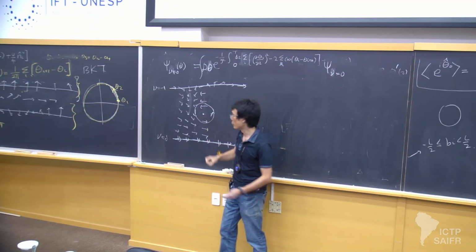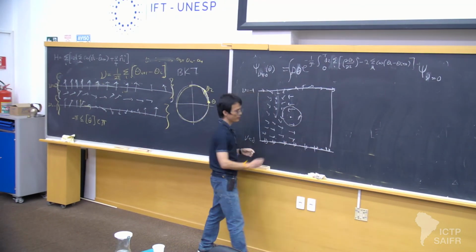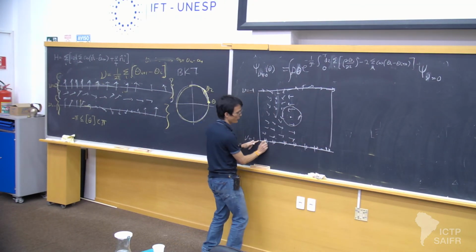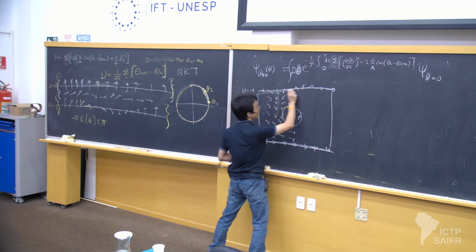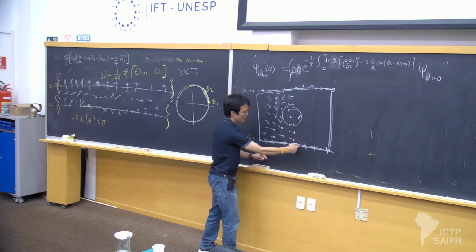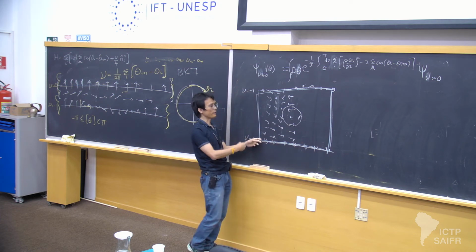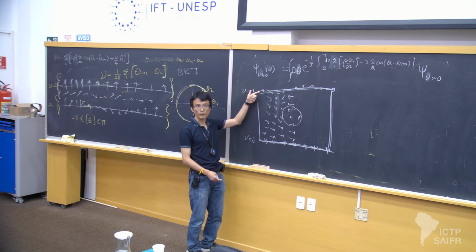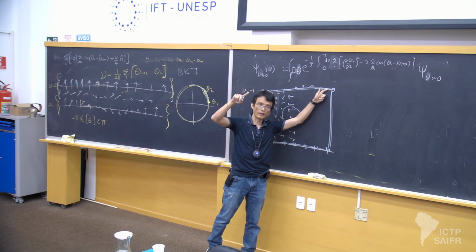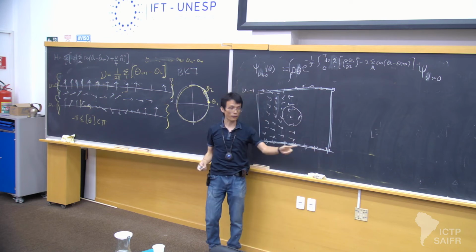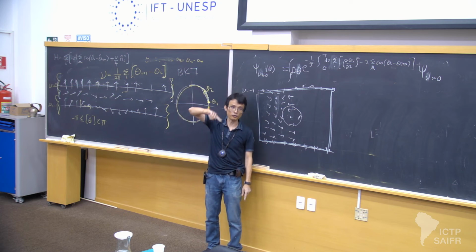There must be a vortex, because if I look at this as a whole system and walk around the boundary of this whole system, along this path, the direction doesn't change, right? And at far infinity, the direction doesn't change. But along this path, the phase winds by 2 pi. And along this path it doesn't change. So therefore, across this point, the phase of the rotor has to change by 2 pi.